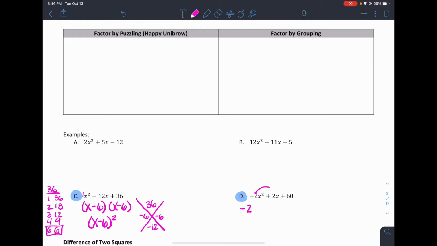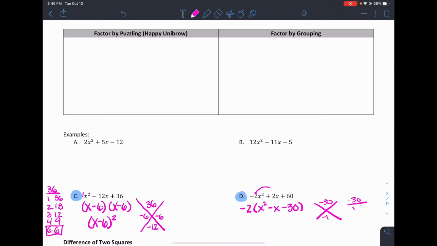I'm going to take out the negative 2, and then I have x squared minus x minus 30. Now, I can ignore this negative 2 out front. The reason why I took it out is so this problem would be easier. And now I have negative 30 and negative 1. So I need to think of two numbers that multiply to negative 30 and add to negative 1.